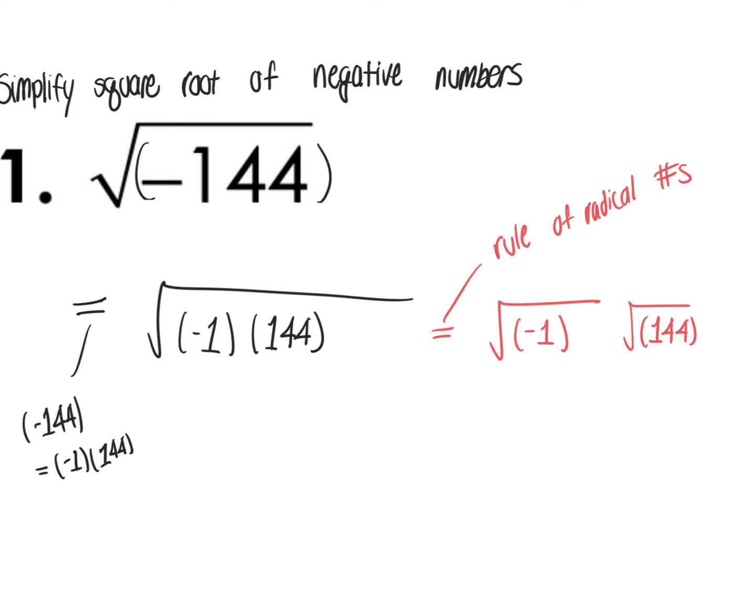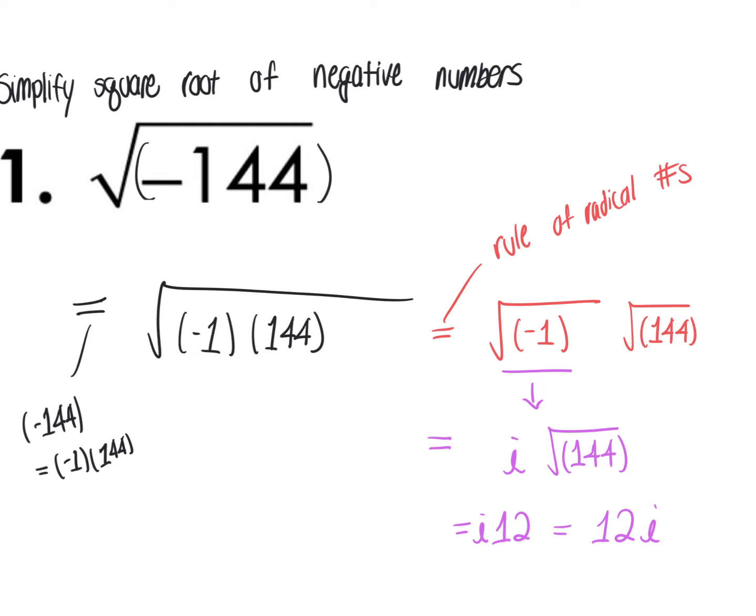Okay, so the square root of negative 1 is i. And then we're going to keep the square root of 144. And then we can take the square root of 144. That's going to be 12. And then you can rewrite like this, but really the more traditional way is to write 12i.